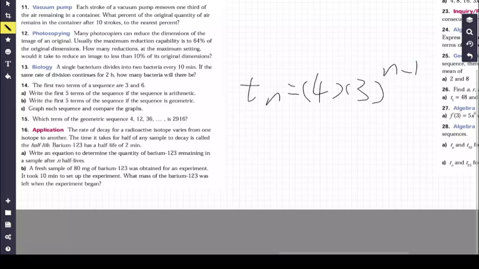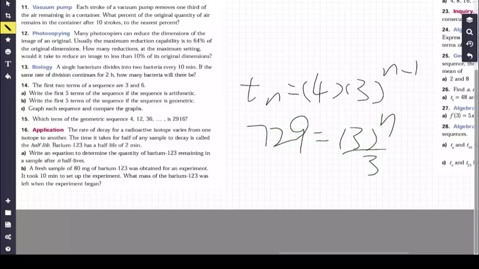So we know the term is 2916. 2916 is equal to 4 times 3 to the n minus 1. First step, let's divide that by 4, which is going to give us 729 is equal to 3 to the n over 3. So 729 times 3 is 2187.